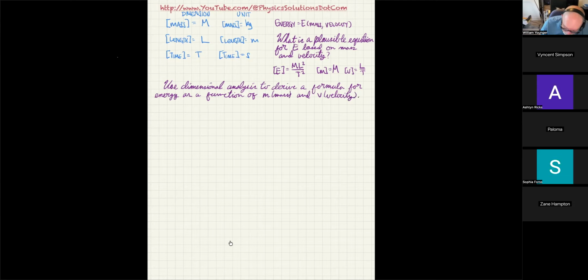So here's how I do it. I'm going to say E dimensionally is equal to M L squared over T squared, which I can also write as M to the 1, L to the 2, and T to the negative 2.